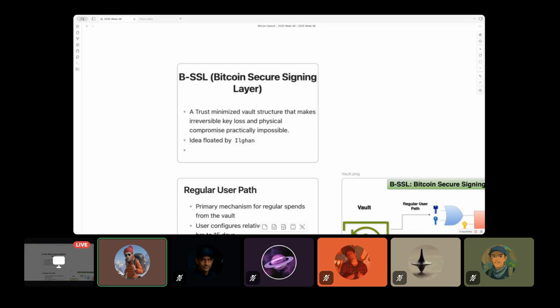devoid of any requirements for a new opcode, because whatever vaulting mechanisms have been proposed so far do require some sort of a new opcode to be introduced, because these vaulting mechanisms require one to introspect into the transaction itself.